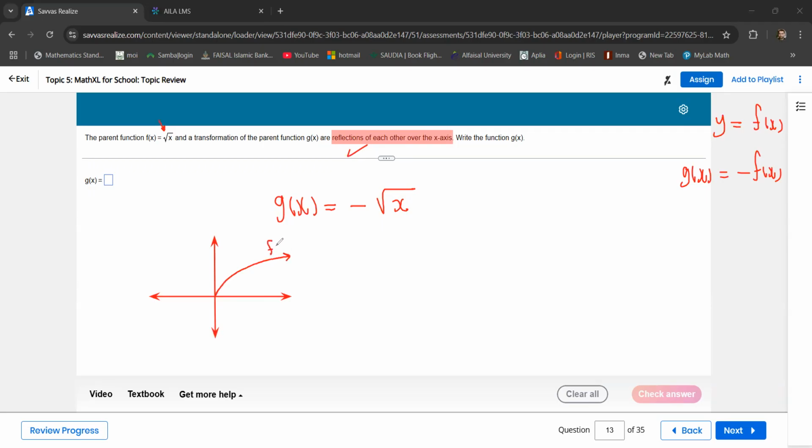This is the radical f of x. But now we have a new function that is the same as f of x, but reflected on the x-axis. So it goes this way, which is the g of x.